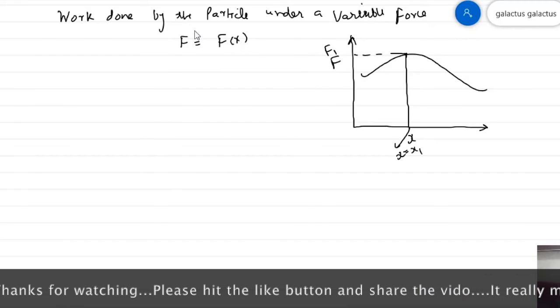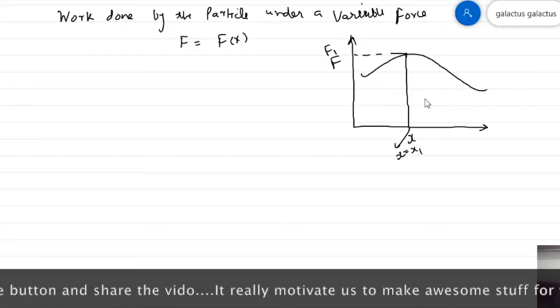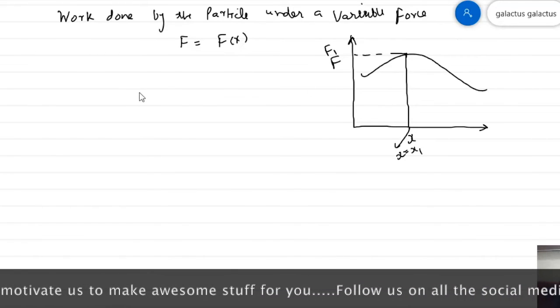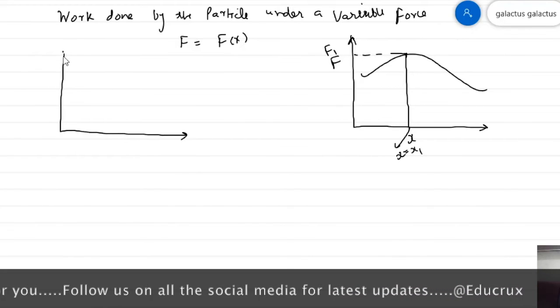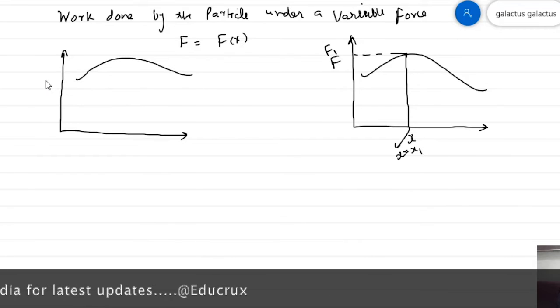So a variable force is a force in which the force is changing with the position of the particle. So suppose that I have a particle that is moving under this variable force, and this is the general pattern of this F versus x graph.